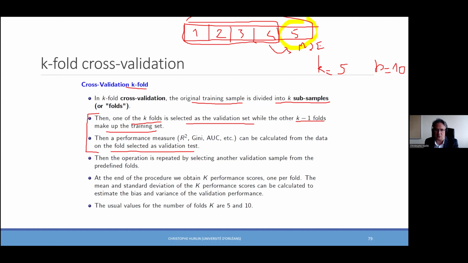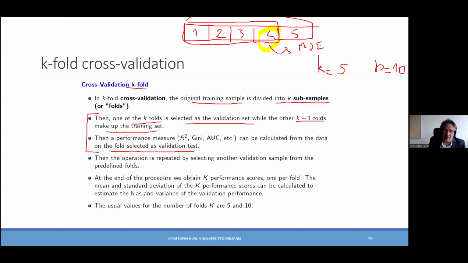For instance, in the second loop of my algorithm, I will use fold number 4 as the validation fold. So I will train my model on folds 1, 2, 3, and 5 and evaluate the mean square error on the data of fold 4, etc.